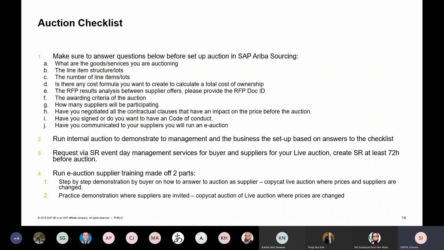So the auction is to be considered the last moment, the last chance for the supplier and the buyer to discuss prices.